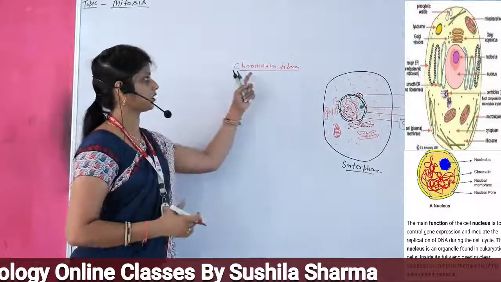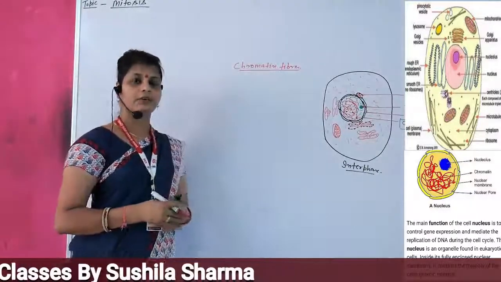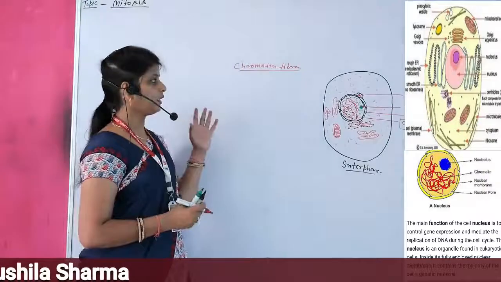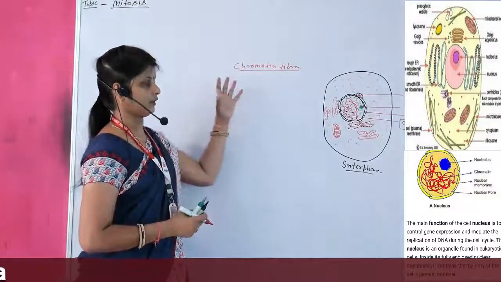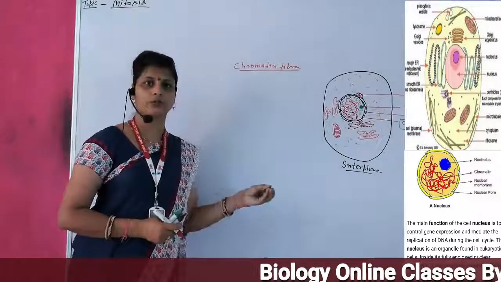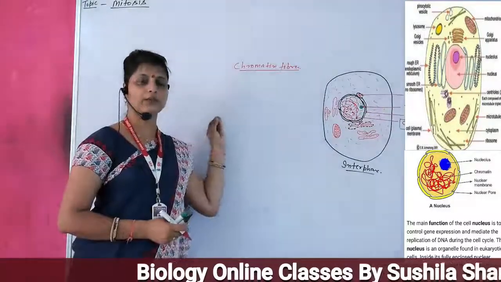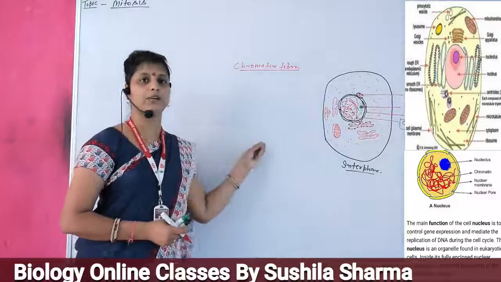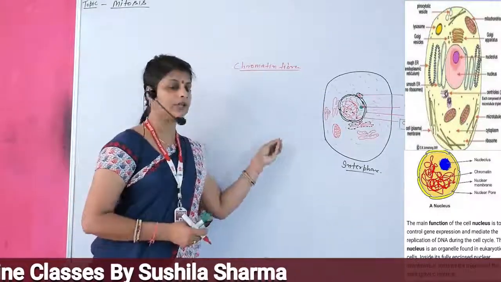This thread-like structure is called chromatin fiber. In mitosis division, we are going to study the activity and movement of chromosomes. That's why mitosis division completely depends on the movement of chromosomes.